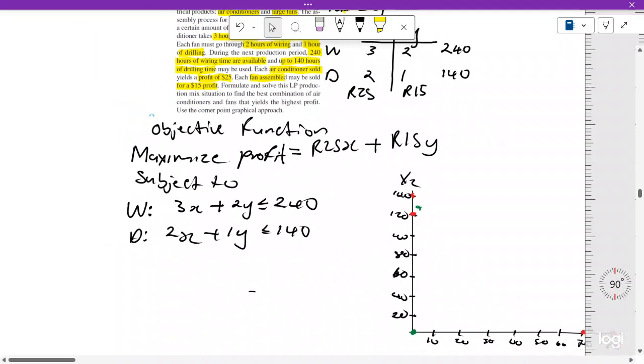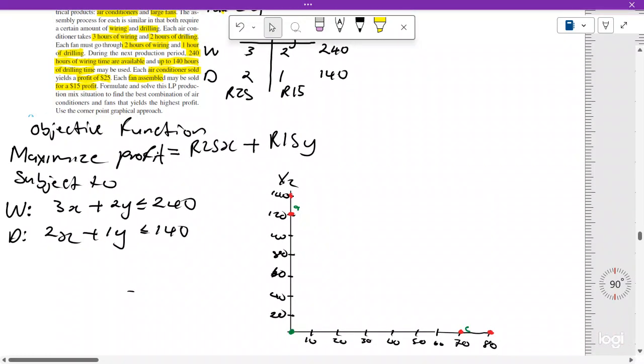Okay. Now, as part of our plotting of the graph, we want to find the points that intersect with our y-axis and/or our x-axis.